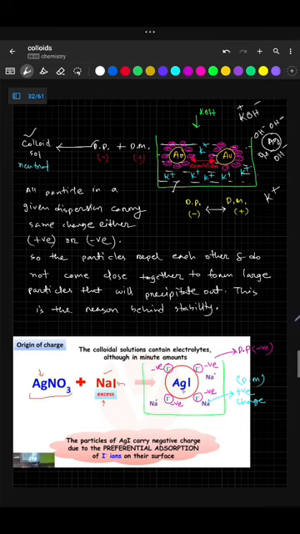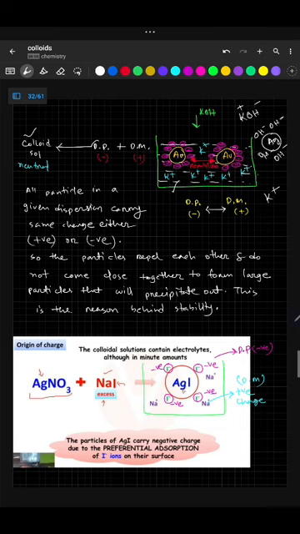And we can see that all particles in a given dispersion carry the same charges. All the particles, all silver ions will either carry all positive charges or all negative charges. So the particles repel each other and do not come close together to form large particles that will precipitate out.